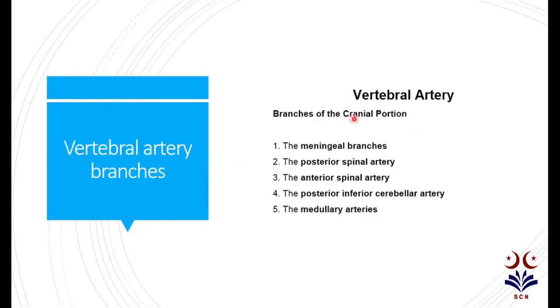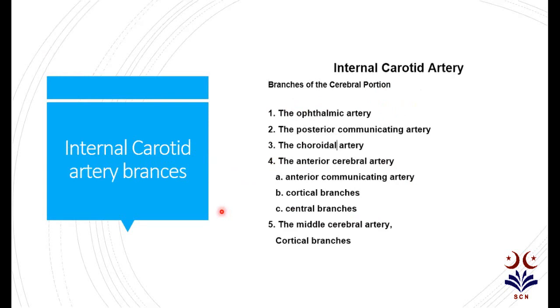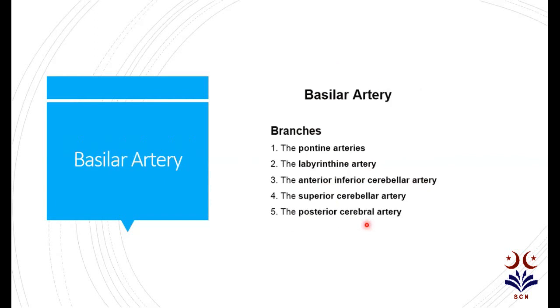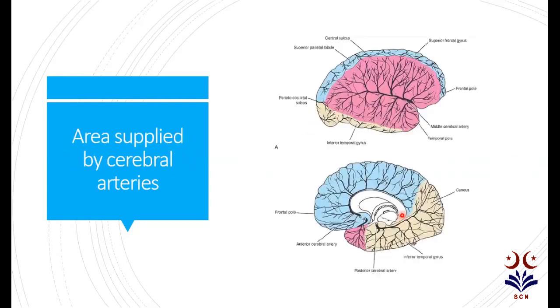Then coming back, this is our vertebral artery. You see it branches, and this is the internal carotid artery, which gives the middle cerebral artery and the anterior cerebral artery. So in the cerebral arteries, the internal carotid contributes to the anterior and middle cerebral arteries, and the basilar artery contributes to the posterior cerebral artery. So these three branches are involved.